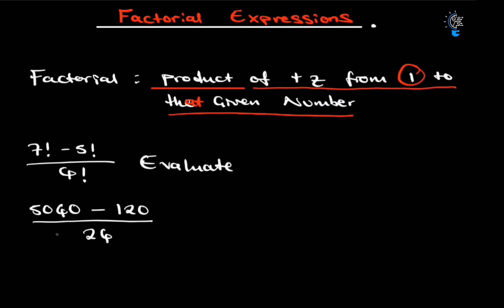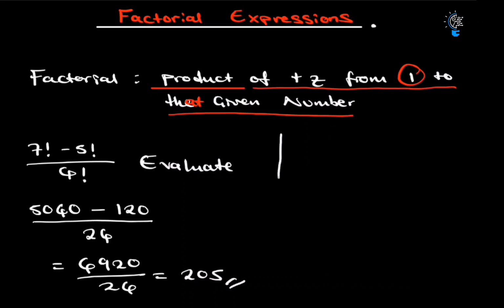When you evaluate 5040 minus 120, you're going to get 4920, divided by 24, and this will give you a value of 205 as your answer. So that's how you go about a question like this one.